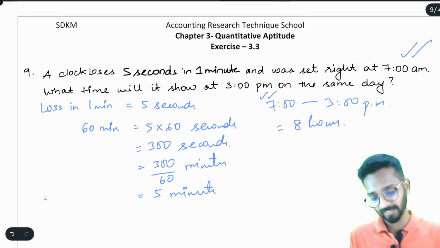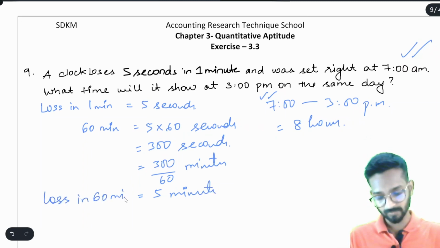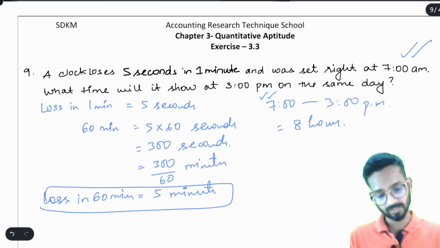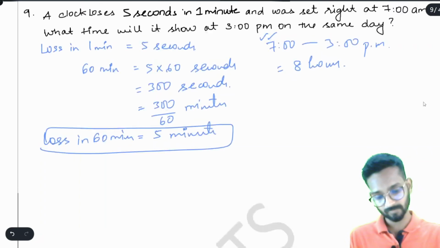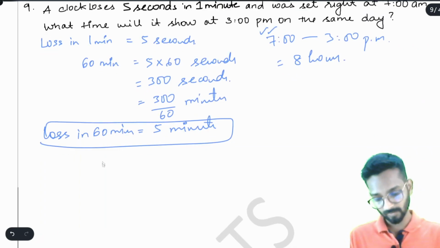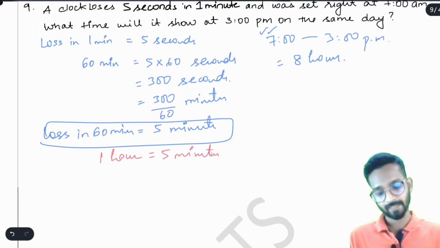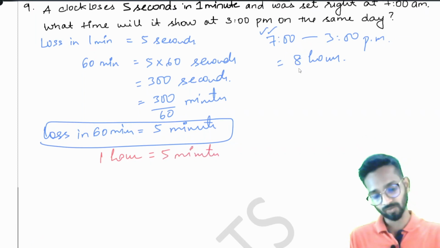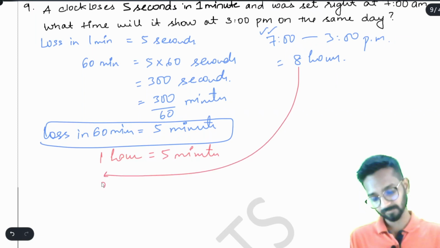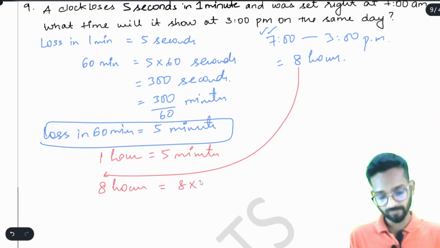So loss in 60 minutes is exactly 5 minutes. We can also say that loss in 1 hour is 5 minutes. One and the same thing. If loss in 1 hour is 5 minutes, so loss in 8 hours will be 8 into 5 minutes.